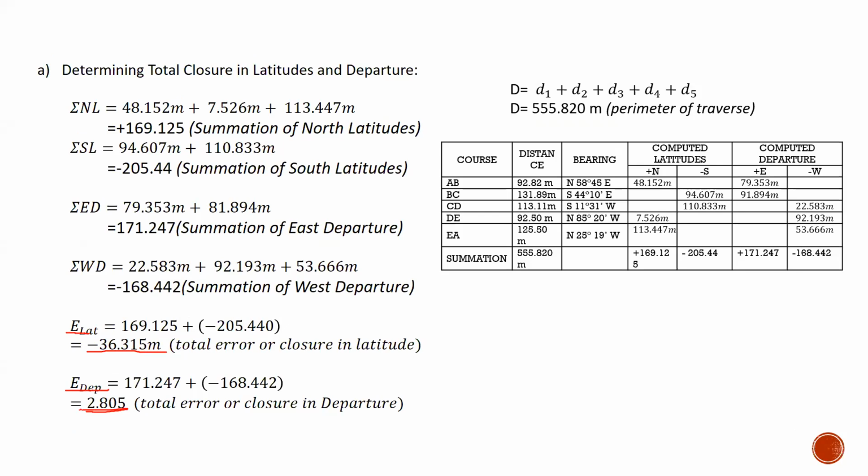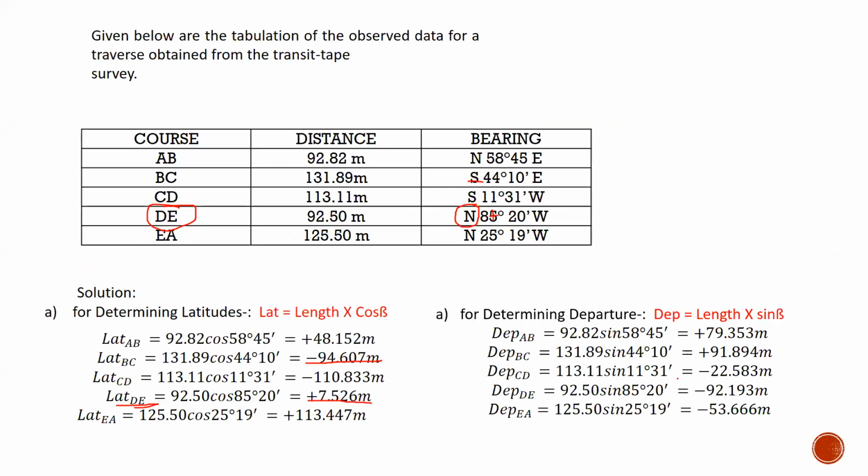Kung meron tayong 2.805 meter, ano yung mas marami? East or west? East po. Yes, east.